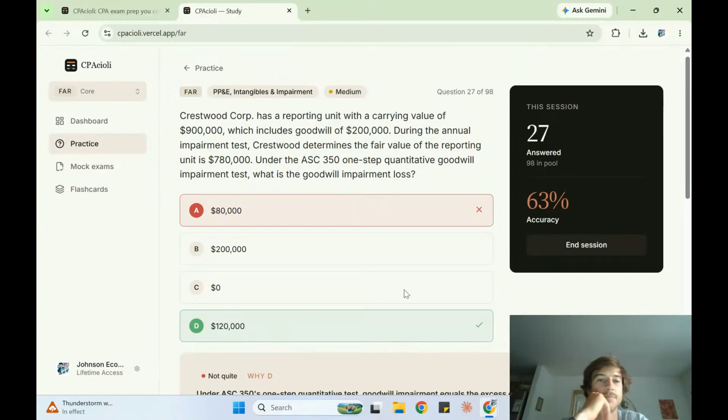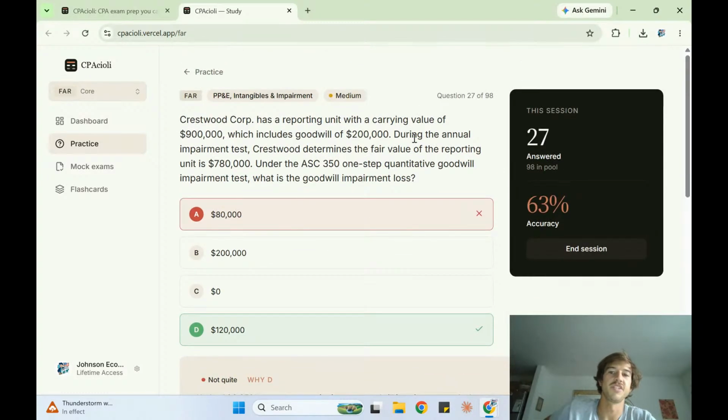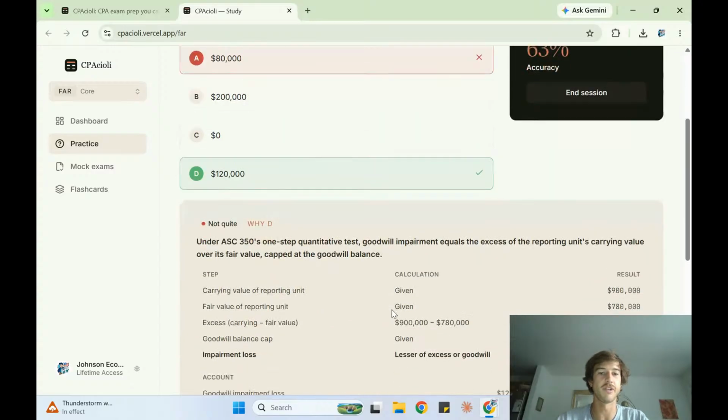Carrying value. Okay. Yeah, I'm dumb. So carrying value is greater than fair value, and then you basically just take the difference. Because if carrying value is greater than fair value, then impairment exists, and then you just take the difference, I believe.